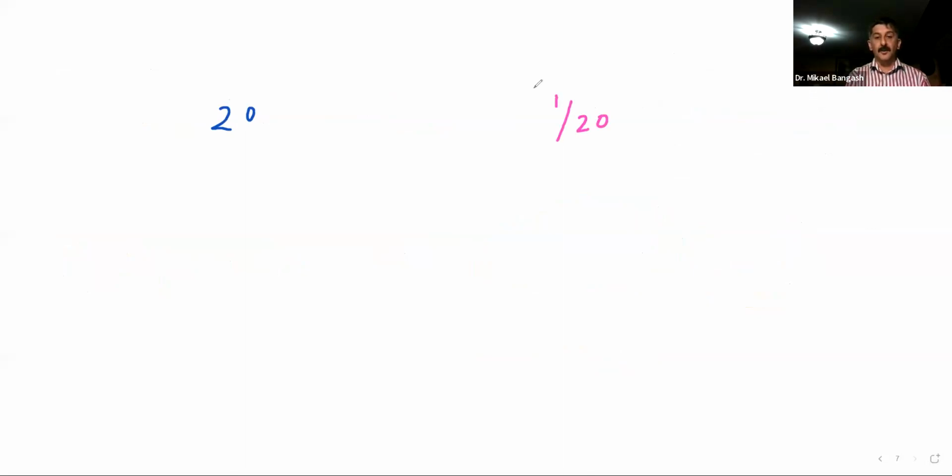If the frequency is 20 hertz, the period is going to be in seconds, 1/20. These two numbers, 20 and 1/20, are reciprocal, right?